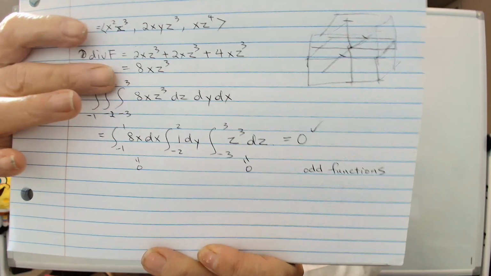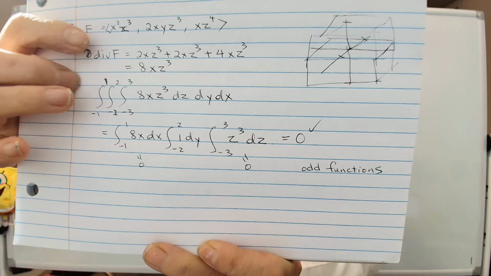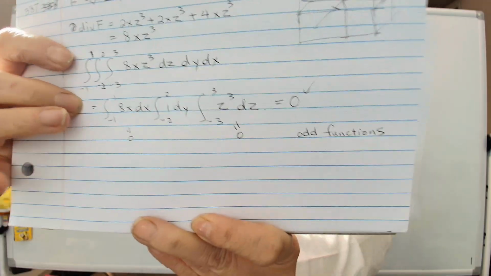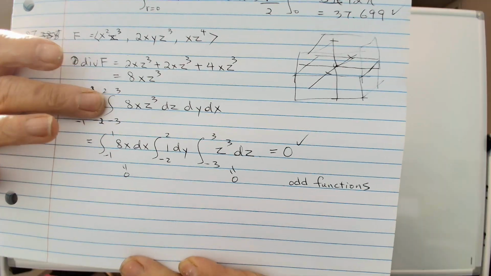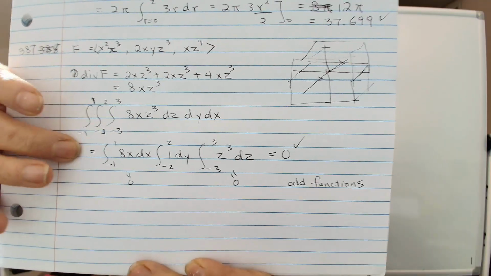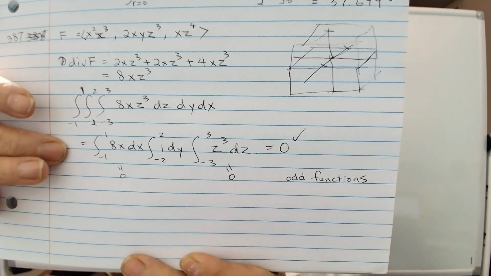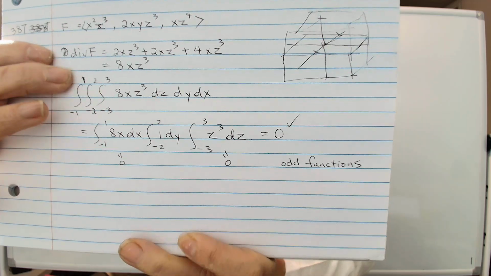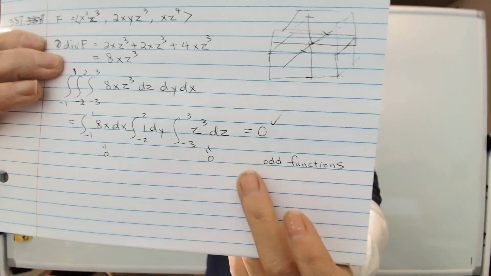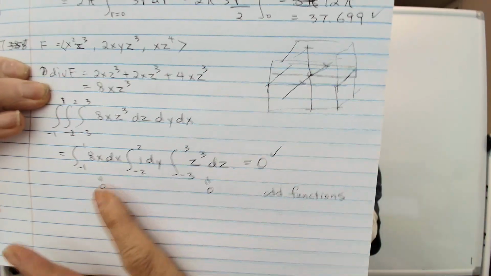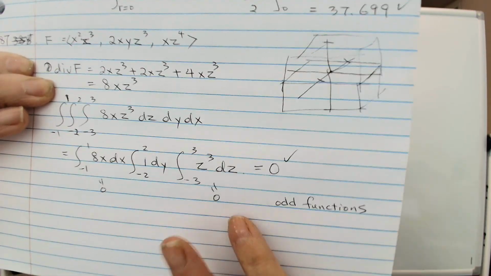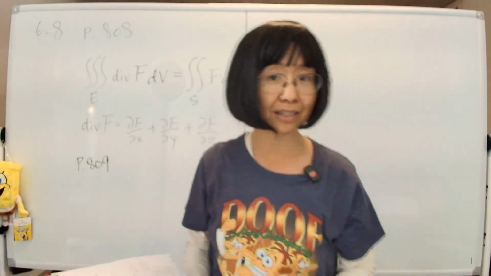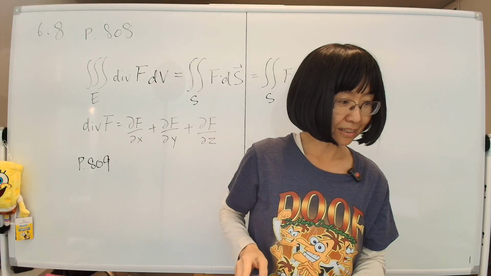So z matches to 3, and y matches to 2, etc. Once that's matched up, you can split the integral up because it is separable. Before you do any integration, you notice that this is an odd function and you're integrating from -1 to 1, which means this value is 0, and so is this. So in either case, the answer is just 0.